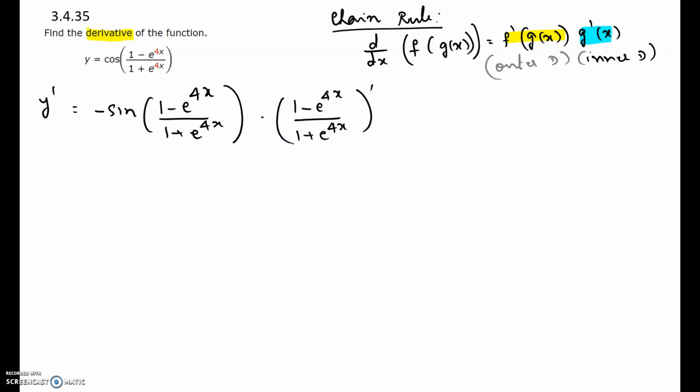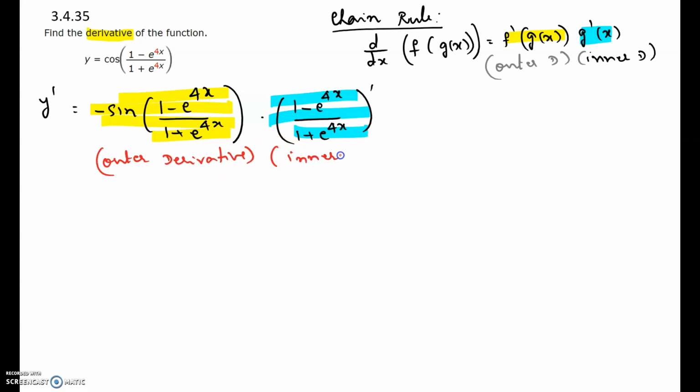This part is the outer derivative and this part is the inner derivative. This is going to be equal to negative sine of (1 minus e to the 4x) over (1 plus e to the 4x).